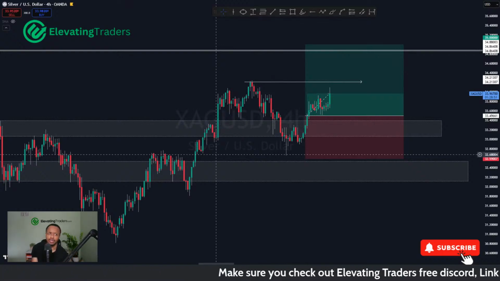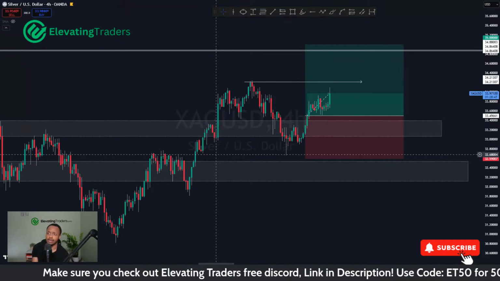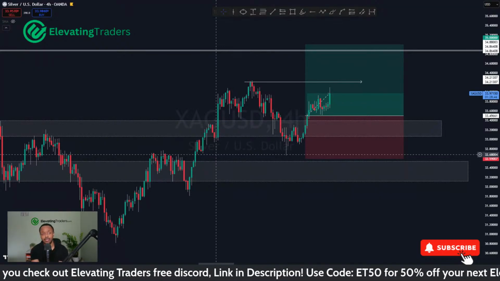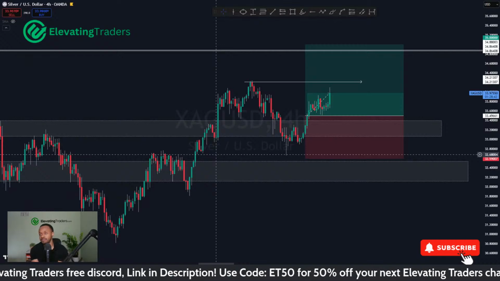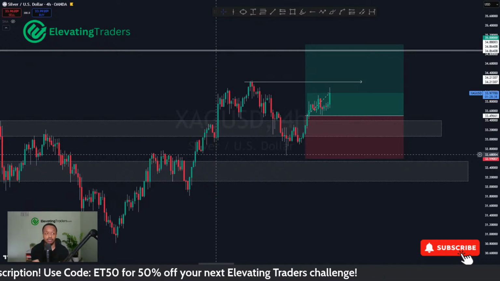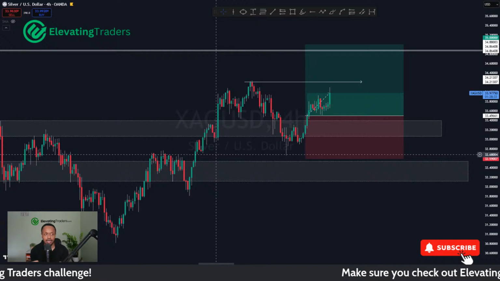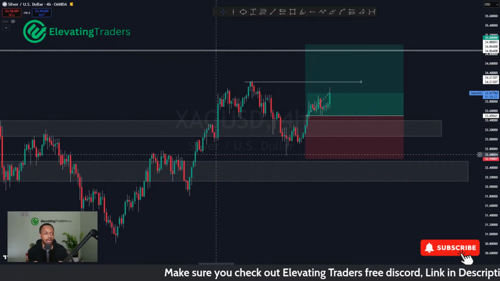We almost did it with that candle, or the current candle here in the 4 hour time frame. I mean, it's still live as well, so it might even do it on that candle. So yeah, I think there's a good chance we get there today. But again, if we get there today or tomorrow, it's not going to make much of a difference. Of course, you might be paying a little bit of swap. But besides that, it's whether it TPs today or TPs tomorrow. Yeah, we're not going to complain at that.